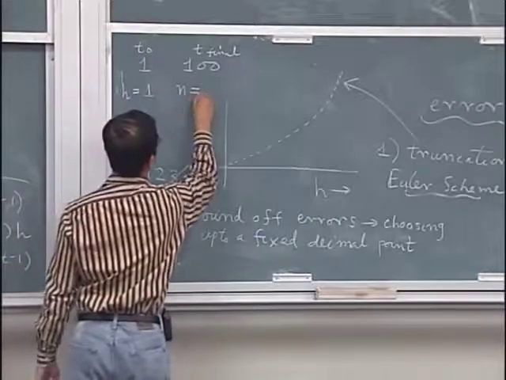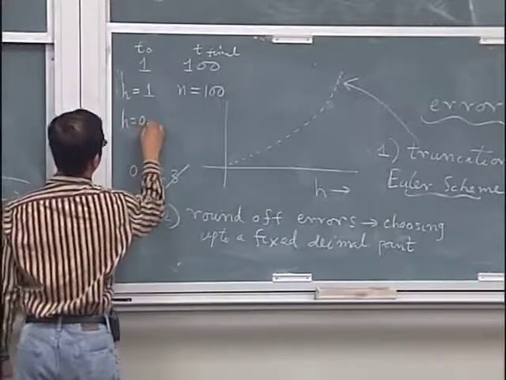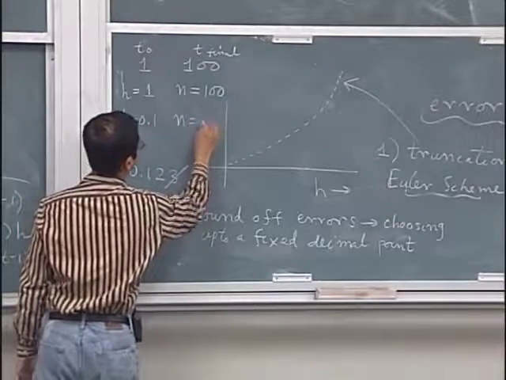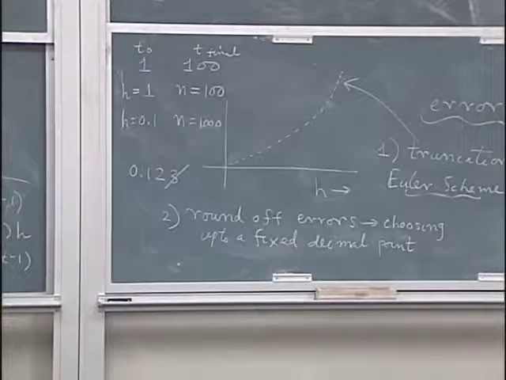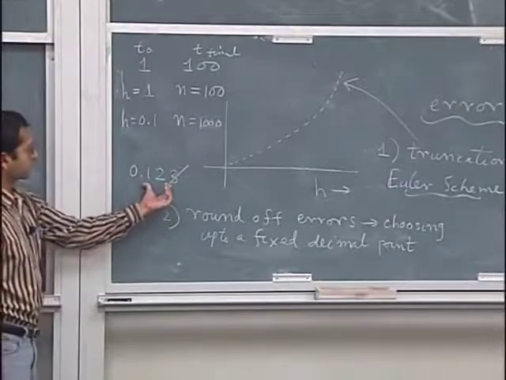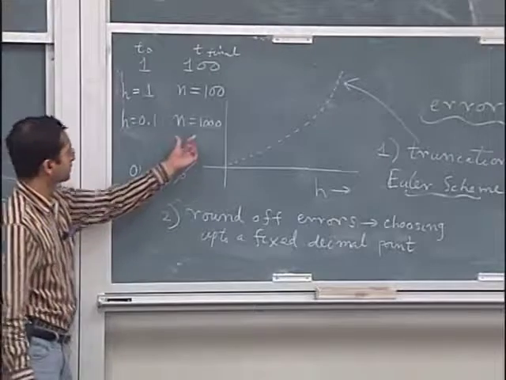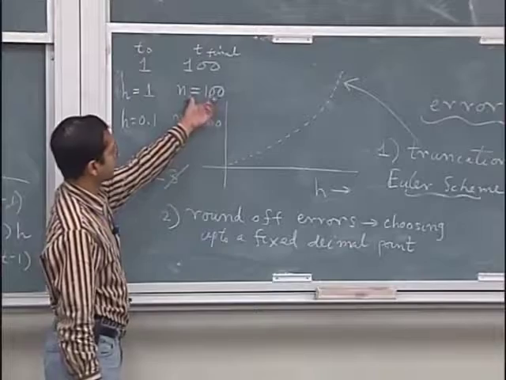You are solving this equation for 100 steps. If I choose h 0.1, you are solving this for 1,000 times. Does it make sense? Now, if you solve this for 1,000 times, you are making such error 1,000 times. Whereas if you are solving for 100 times, you are making this error 100 times.